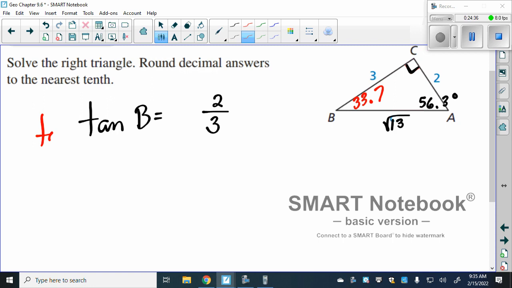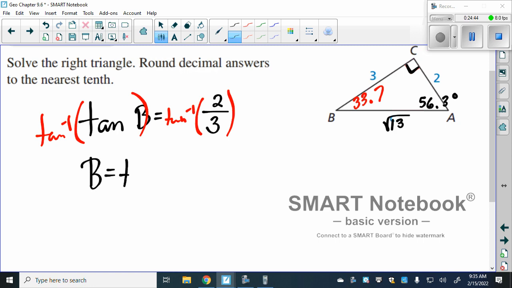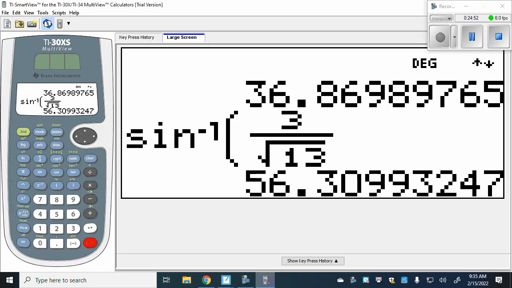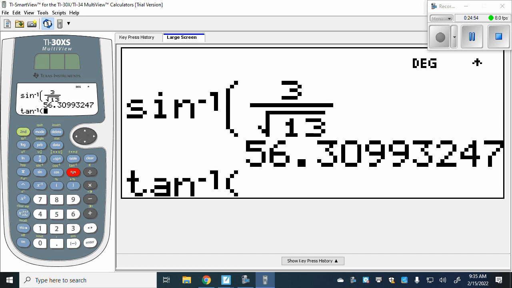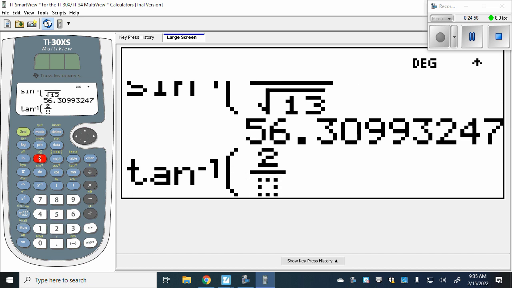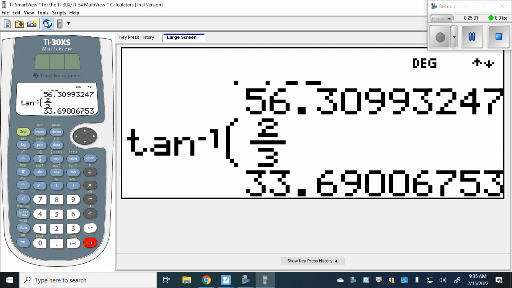And if we apply tangent inverse to both sides, we would get that B is equal to tangent inverse of 2/3. So second tangent inverse of 2/3 gives 33.69, which would round to 33.7.